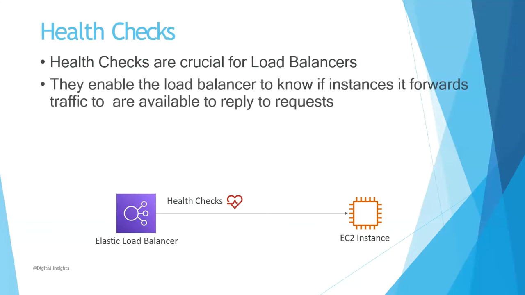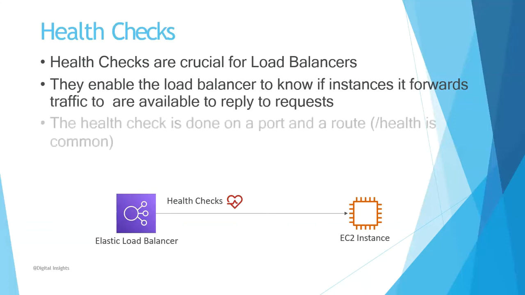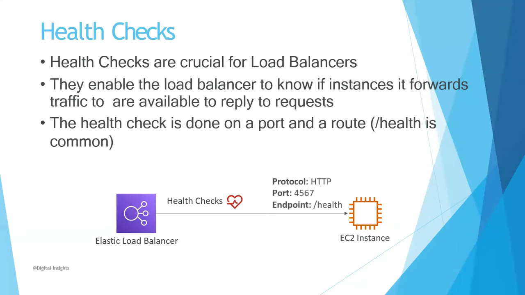The health checks enable the load balancer to know if the instances it forwards traffic to are available to reply to requests. The health check is done on a port and a route, and /health is common. The protocol is HTTP, and the port is 4567.